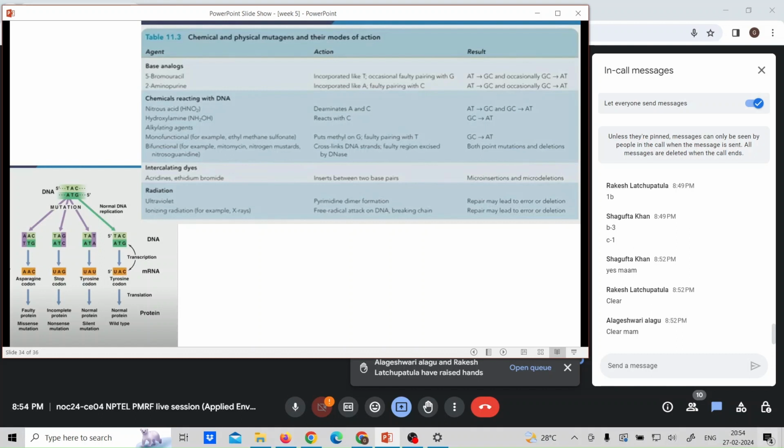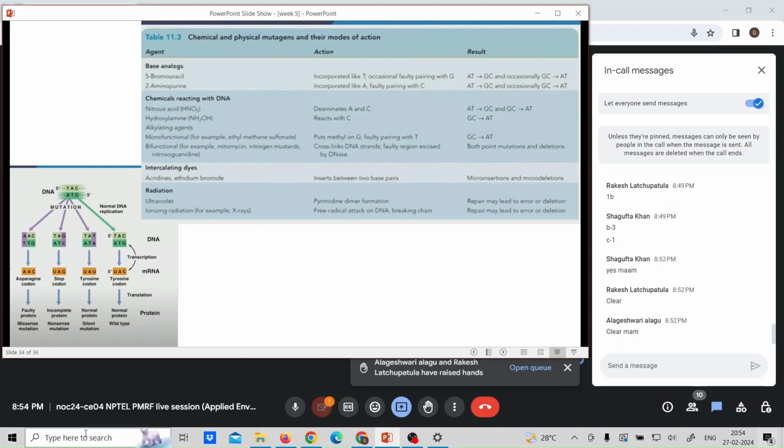Finally, coming to radiations, we have ionizing radiations as well as ultraviolet radiation. Ultraviolet radiation causes pyrimidine dimer or thymine dimer formation. It may lead to some error or deletion. Similarly, ionizing radiations do a free radical attack or break the chain. This may also lead to mutation.